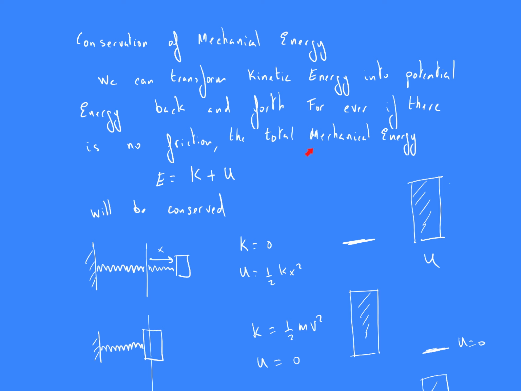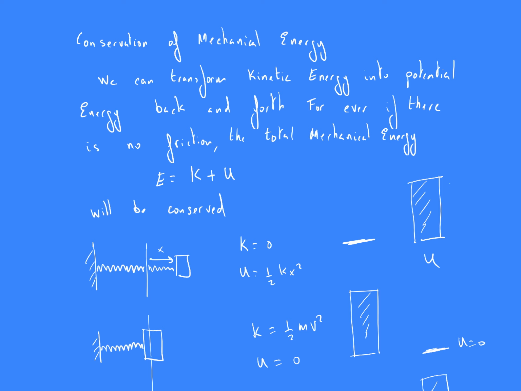So the total mechanical energy is defined by the sum. It's a number, it's not a vector. It's the sum of the kinetic energy, which is a number, plus the potential energy, which is a number also. And this is the mechanical energy, E, at any point.